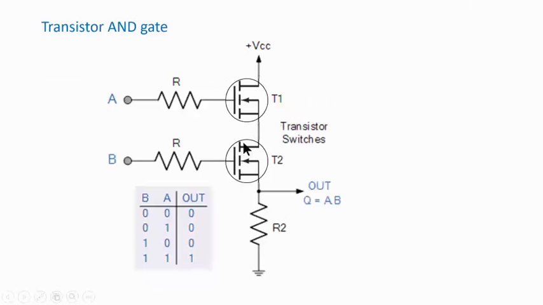So you need two transistors connected in series, something like that. So the source of the first transistor is connected to the drain of the other transistor, right, in series. And again, the output is taken across this R2 resistor. And here you can now clearly understand, right?